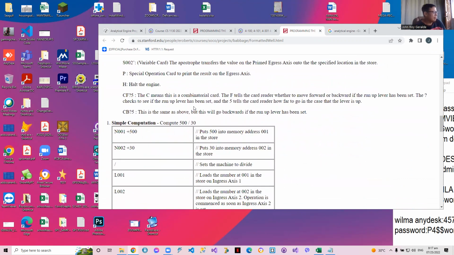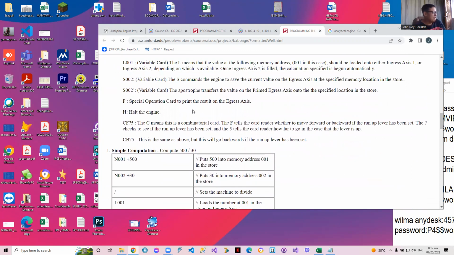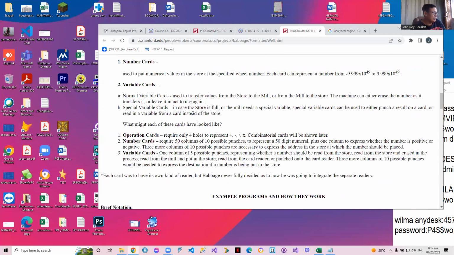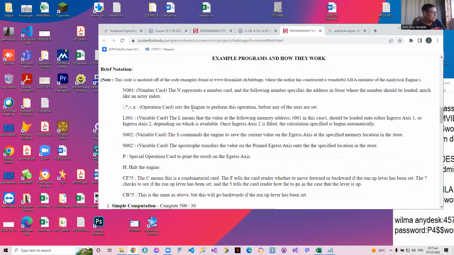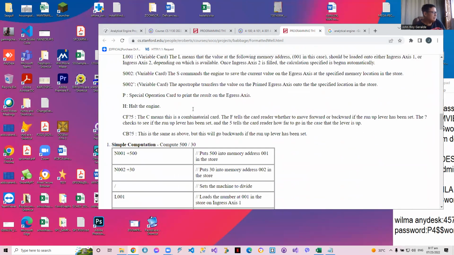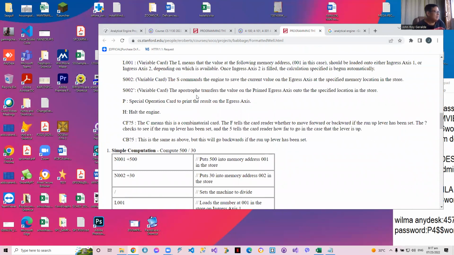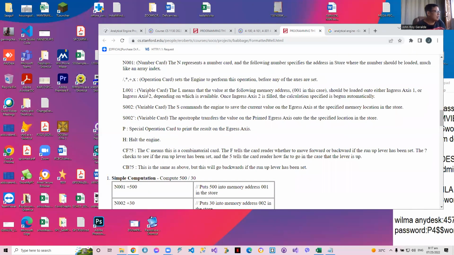So here's an example. CF, by the way, is count forward. CB means count backwards. This is an operation card. Operation card CF, CB. We'll look at that later. For example, L001 loads a value from address 001.